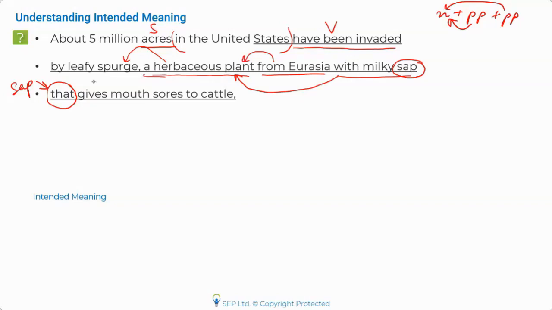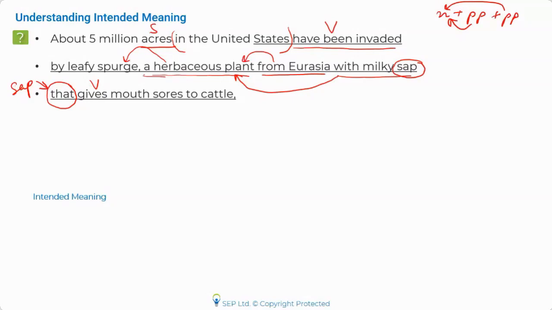So sap is the subject, gives is the verb. So this milky sap gives mouth sores to cattle. All right, we are okay with all of this so far. 5 million acres have been invaded by a leafy spurge, which is a plant from Eurasia. The plant has milky sap that gives mouth sores to cattle.